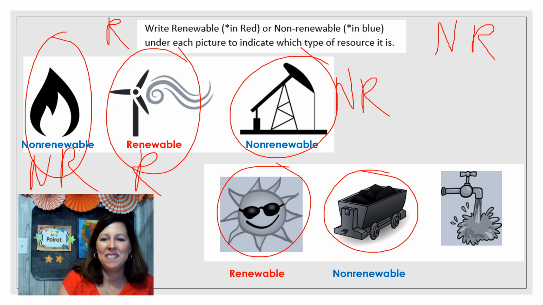Hopefully you said non-renewable. And then our last one is water, but we would call that hydroelectric power. Do you think that that is a renewable resource or non-renewable? And that is renewable. Very good.